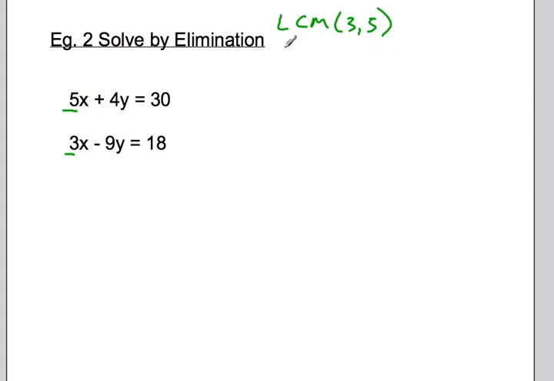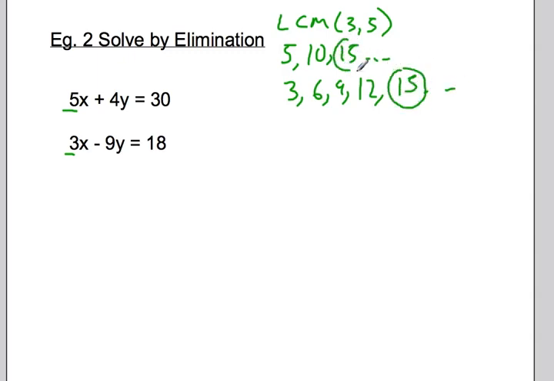If we find the LCM, we can list the multiples of 5: 5, 10, 15, and so on. And 3, 6, 9, 12. So you can see the first common multiple, or the lowest common multiple, of 3 and 5 is 15. So I want to make both these coefficients 15. I'm going to multiply the first equation by 3 to make 15x.